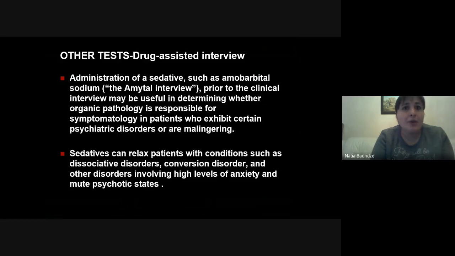To differentiate whether there is real organic symptomatology or the patient is malingering, we can do this amobarbital test.